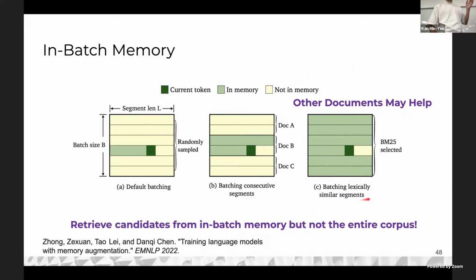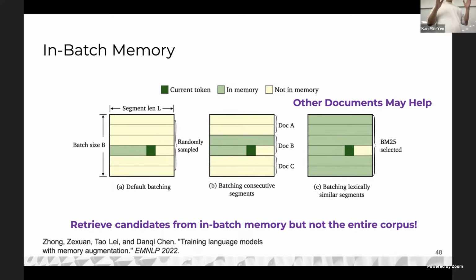So the next paradigm is to batch lexically similar segments. They first use the BM25 algorithm to select the most relevant samples for the current sample.